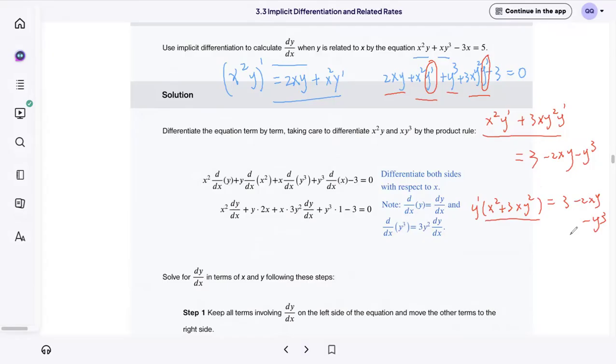Then I divide both sides by this term, right? So y prime equals 3 minus 2xy minus y cubed divided by this term, x squared plus 3xy squared. Right. So that's the rate of change. That's the derivative of y in terms of x. Then if you give me any value, I can evaluate.